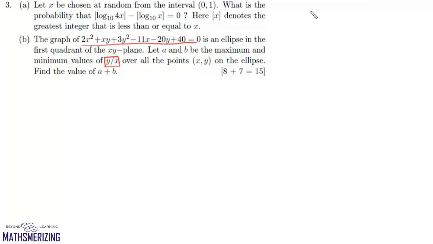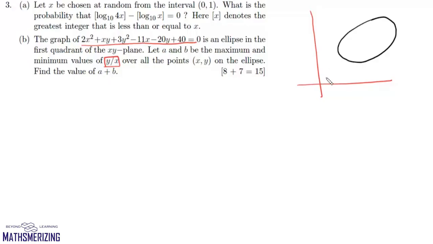Now we are given that this is some general ellipse which lies in the first quadrant. Now it says we need to find the maximum and minimum value of y by x. Now for any point, if we join this point to the origin, we'll get a line whose slope is y by x.